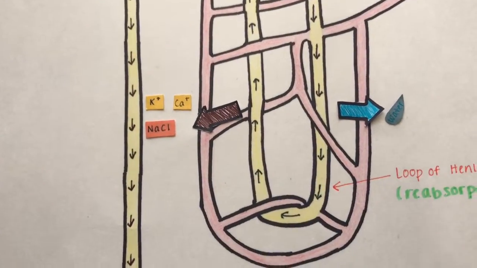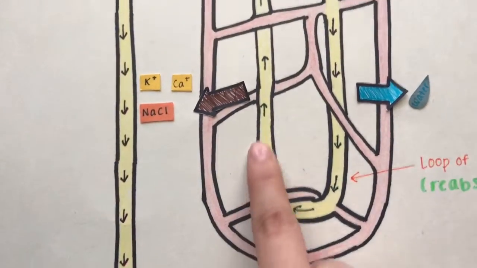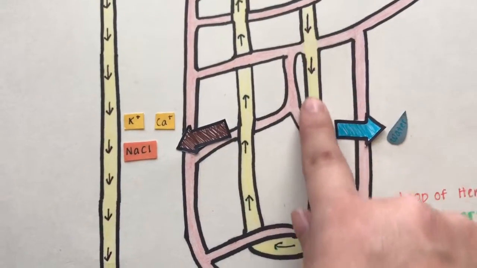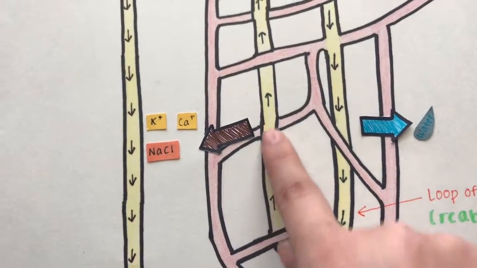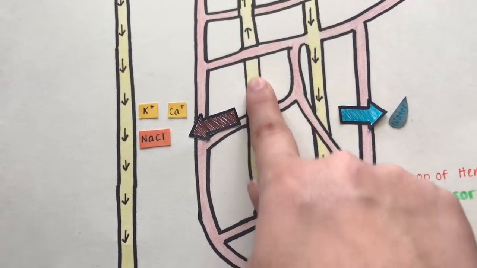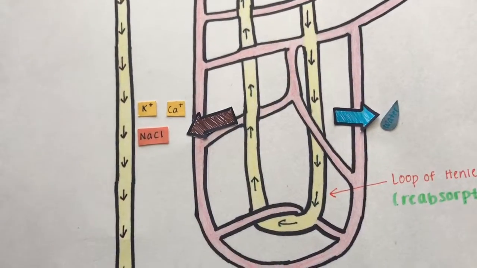And the filtrate inside would also be hypertonic. And that is why the descending loop of Henle is very long, to give water more time to be reabsorbed, and for the ions to make the outside more hypertonic.